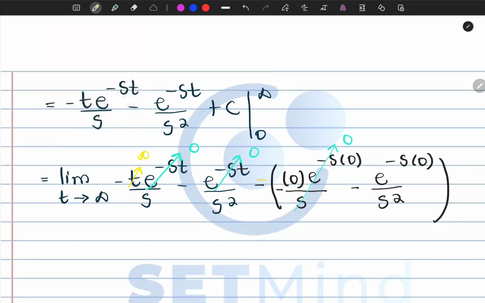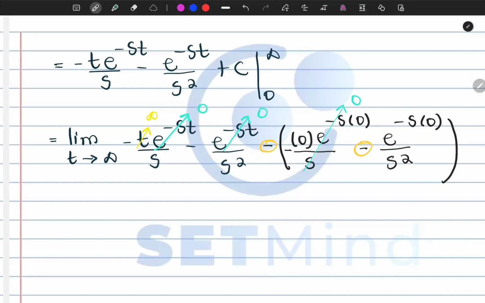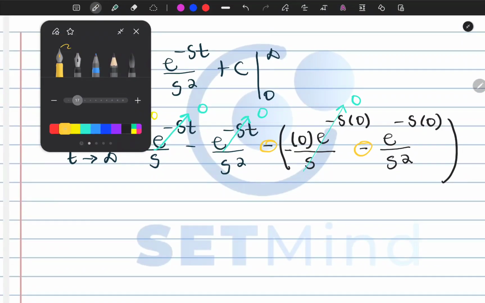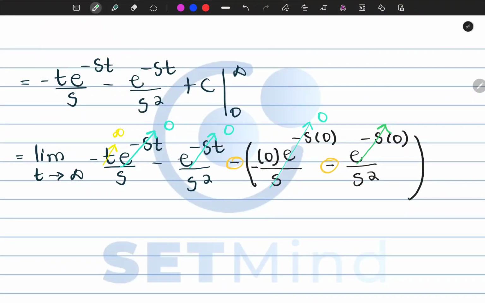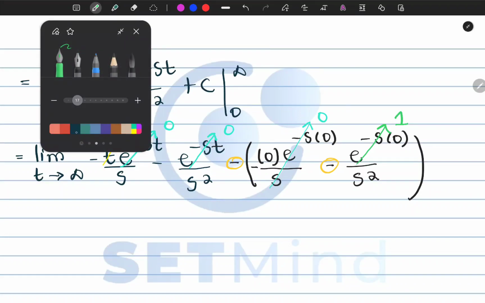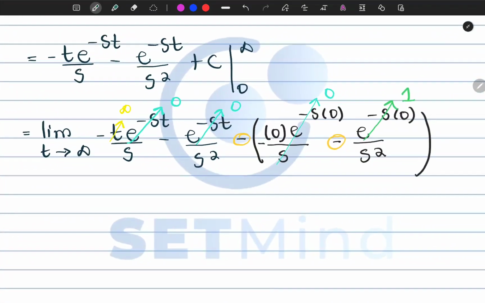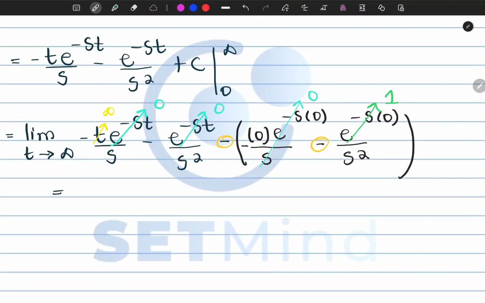But we have a negative here and a negative there, so this leaves us with an answer which is good looking. Most importantly, before we go to the answer, remember this portion here will be 1, e to the power of 0. So our answer is simply 1 over s squared.